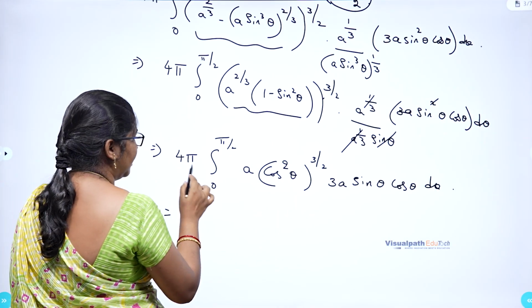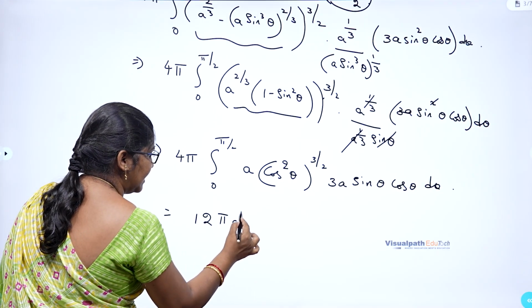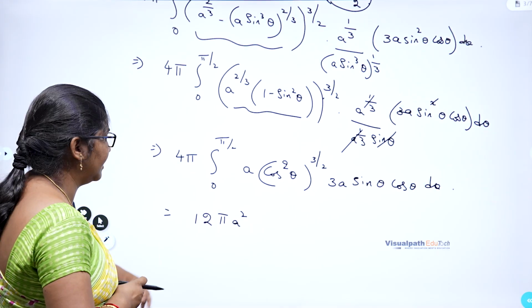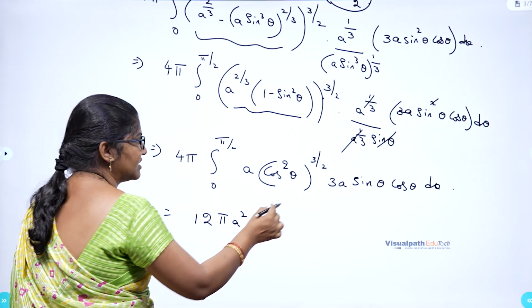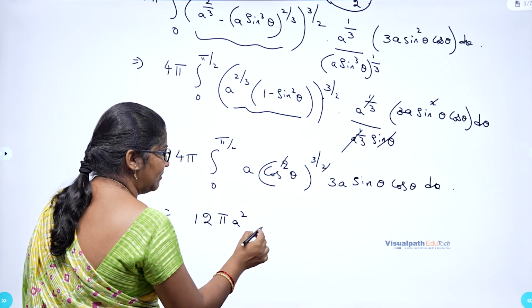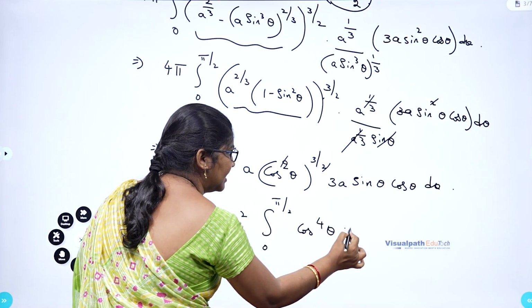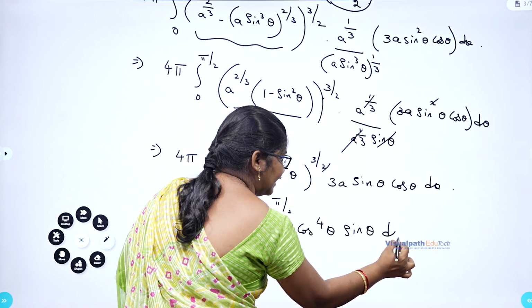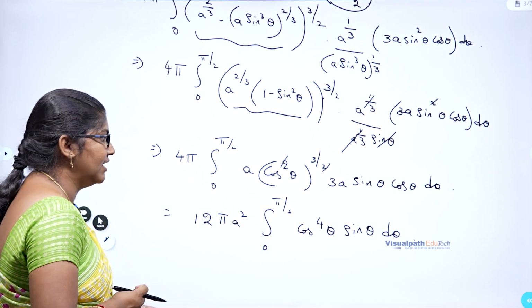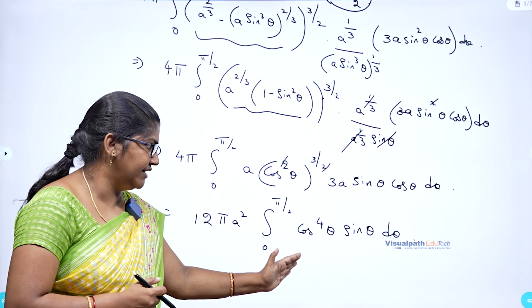Finally, 4 into 3, 12πa² is completely constant. This and this will get cancelled. Cos cube, cos, will be 0 to π/2 of cos⁴θ sin θ dθ. This is the simplification. And here also we are unable to do integration.